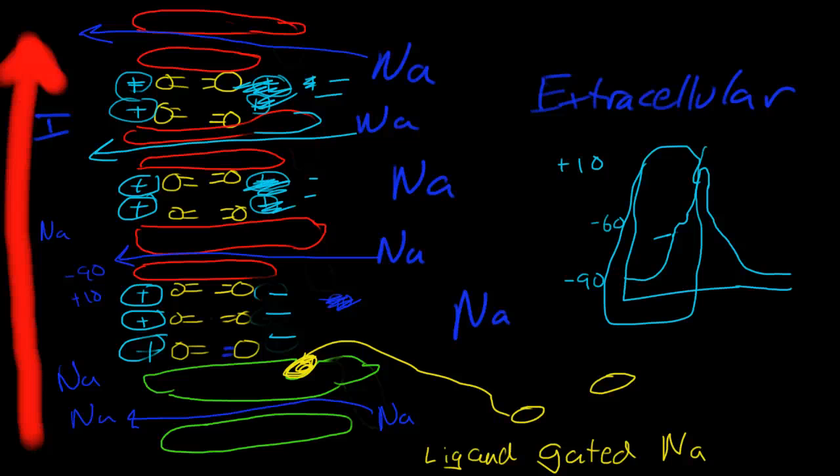So from the intracellular space to the extracellular space, and this is what causes the negative 90 millivolts to be quickly reestablished because of the fast potassium channels that get opened up by the change in voltage.